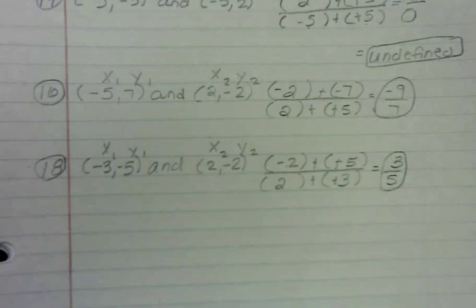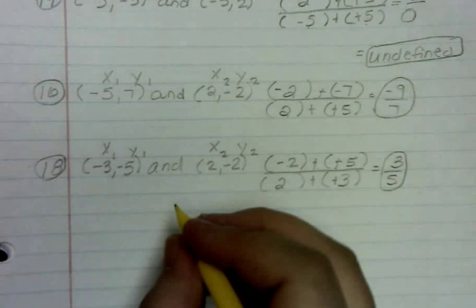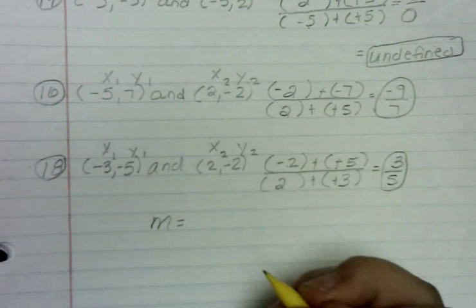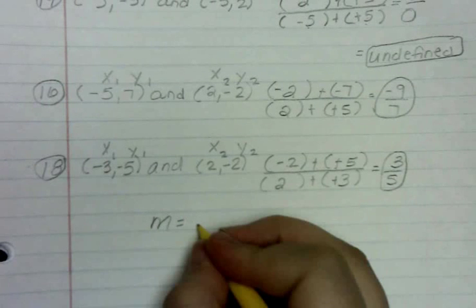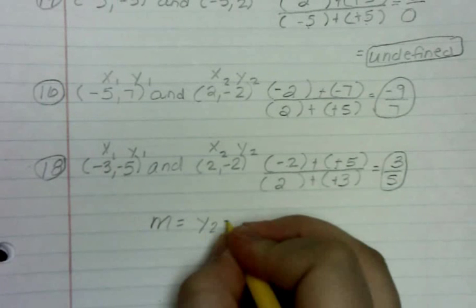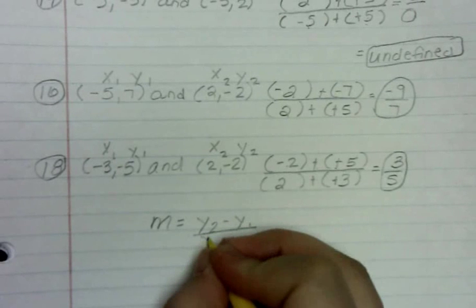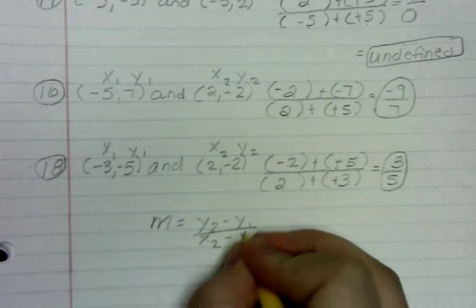So whenever you have two ordered pairs and they are asking for your slope, you can always use that formula that we had in the beginning, which is m equals, remember m stands for slope, y sub 2 minus y sub 1 over x sub 2 minus x sub 1.